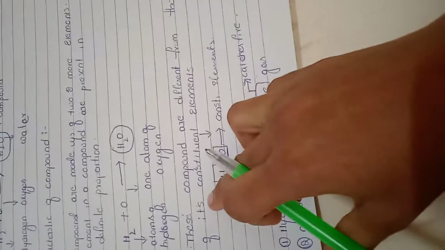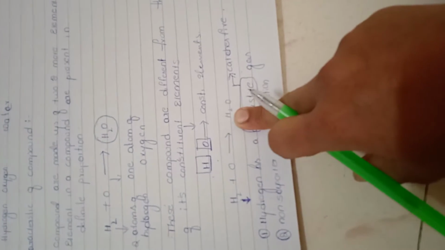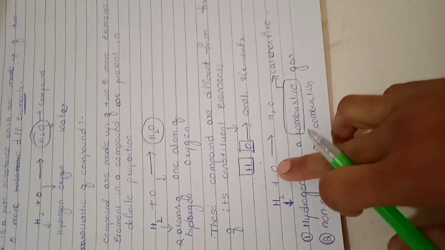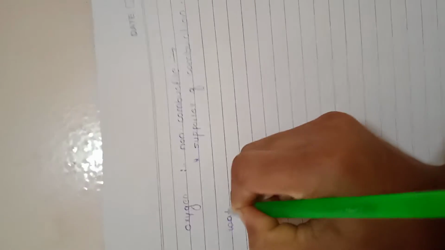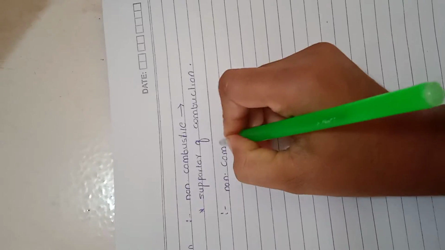Got it? Then here these compounds are different from those of their constituents. Hydrogen is combustible and a non-supporter of combustion, and oxygen is non-combustible and a supporter of combustion. And the compound, water we are taking here, isn't it? Water is non-combustible. Does water catch fire?